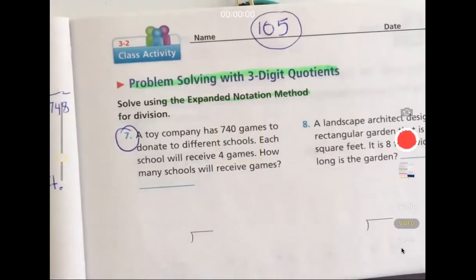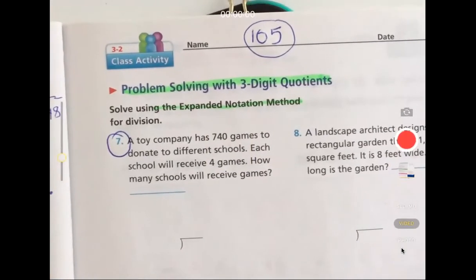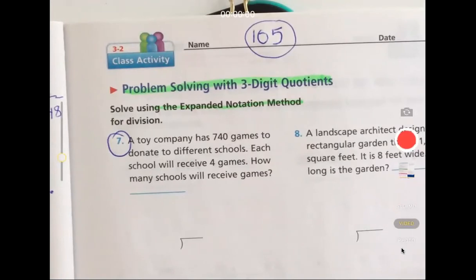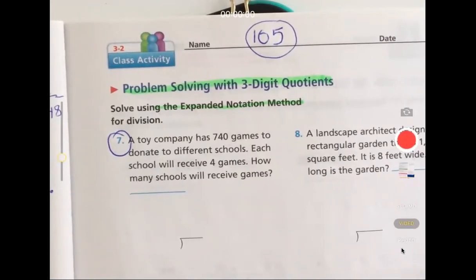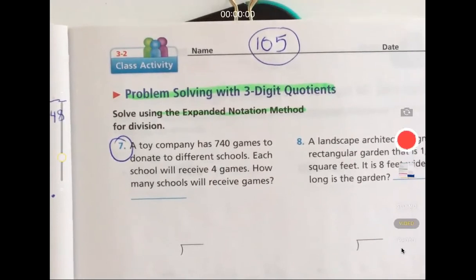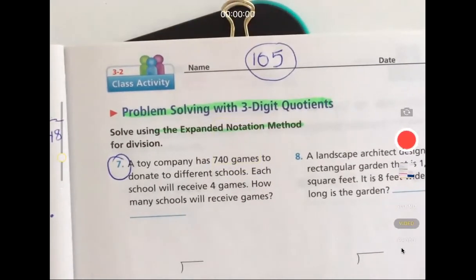Okay, so let's look at number 7. A toy company has 740 games to donate to different schools. Each school will receive 4 games. How many schools will receive games? Okay, let's go look at that. I'm going to start to highlight some important information.